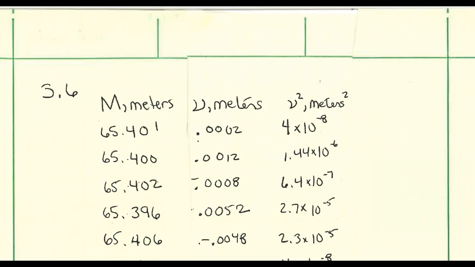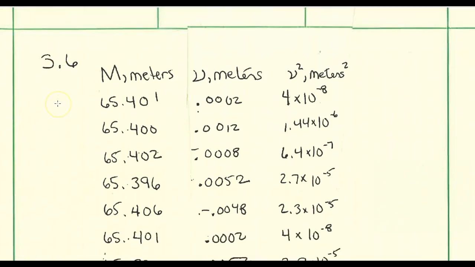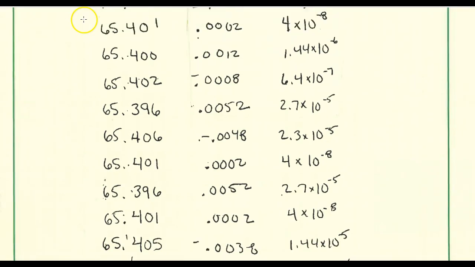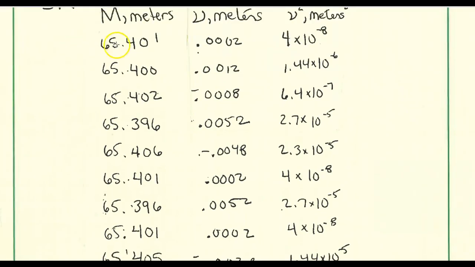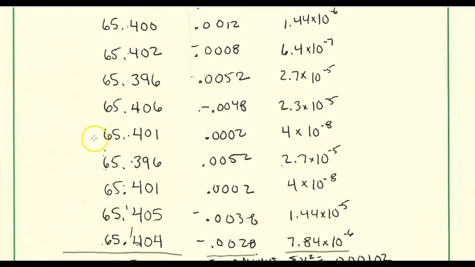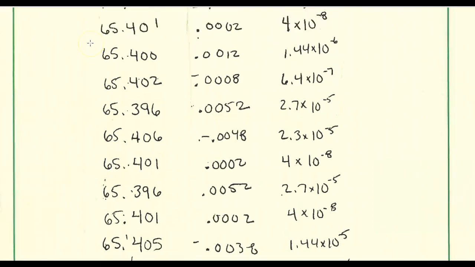This is problem 3.6, and we're given a data set of 10 measurements of the length of a line, measured in meters. As you should expect, those distances are close to each other. If you measure the distance of a line 10 times, you expect all 10 values to be fairly similar.